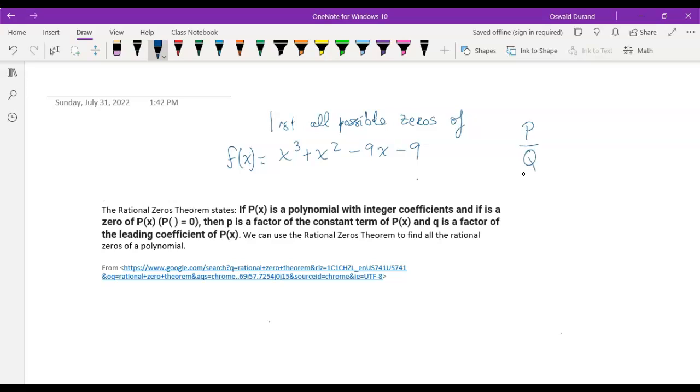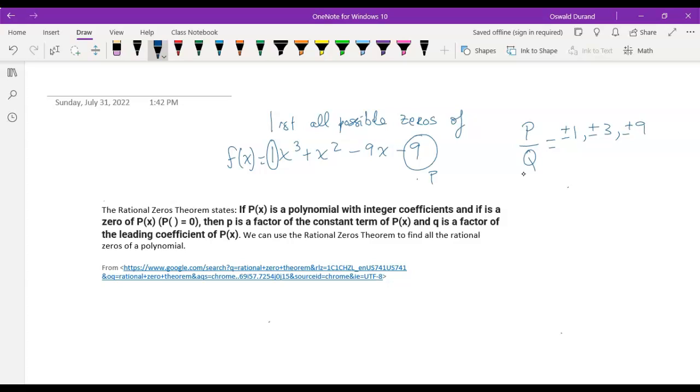Where p are all the possible factors of 9, right? So all the possible factors of 9 will be the equivalent of p, and all the possible factors of q will be 1 in this case, whatever the coefficient is for the first term or the leading term. So if I were to list all the possible factors of p here, which is for 9, then it could be plus minus 1, plus minus 3, and also plus minus 9, right?